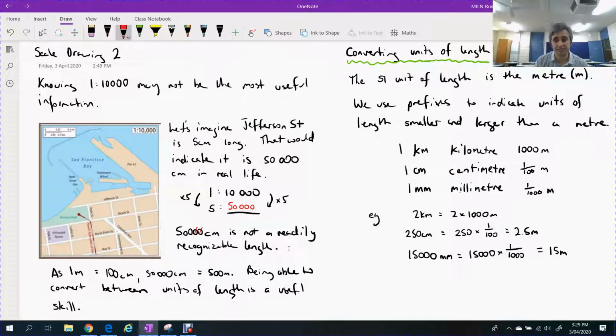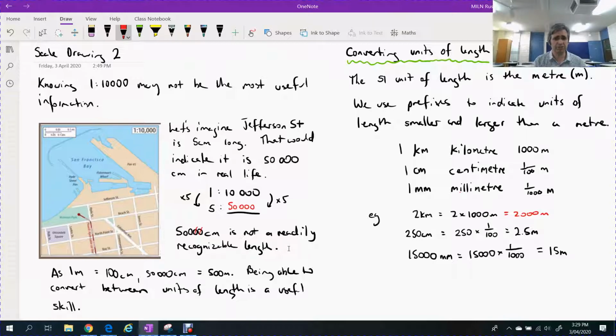There's 1,000 millimeters in a meter. So using those number facts, 2 kilometers would be 2 times 1,000 meters, which would be 2,000 meters. 250 centimeters would be 250 times 1/100, which would be 2.5 meters. And 15,000 millimeters would equal 15,000 times 1/1,000. Cross off 3 zeros and you get to 15 meters.